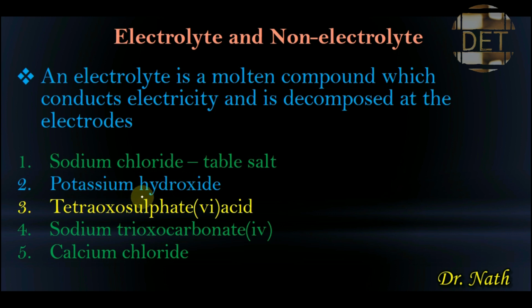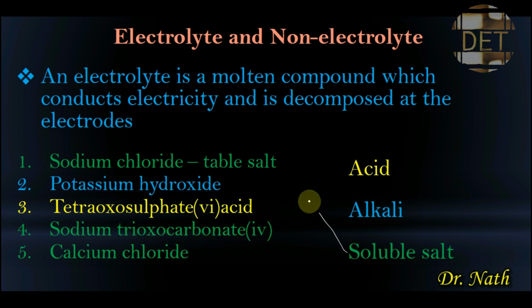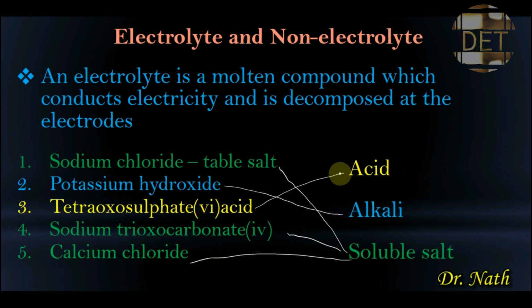Electrolytes exist in three major forms: as an acid, as an alkali, or as a soluble salt. Sodium chloride, sodium carbonate, and calcium chloride are examples of soluble salts, while potassium hydroxide is an example of an alkali, and sulfuric acid is an example of an acid.